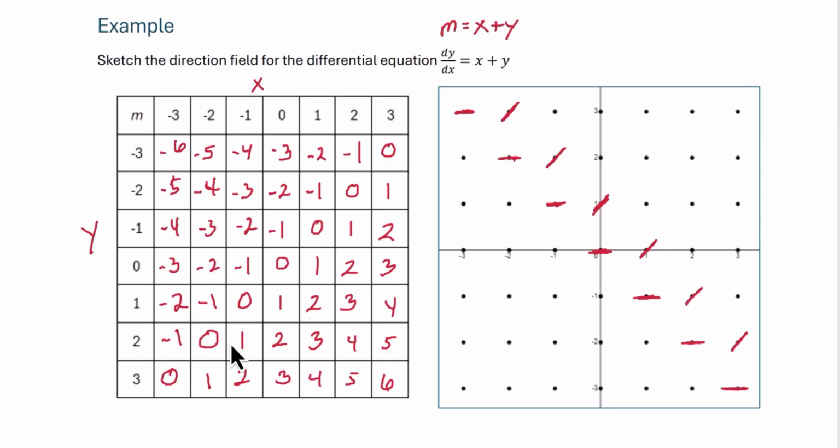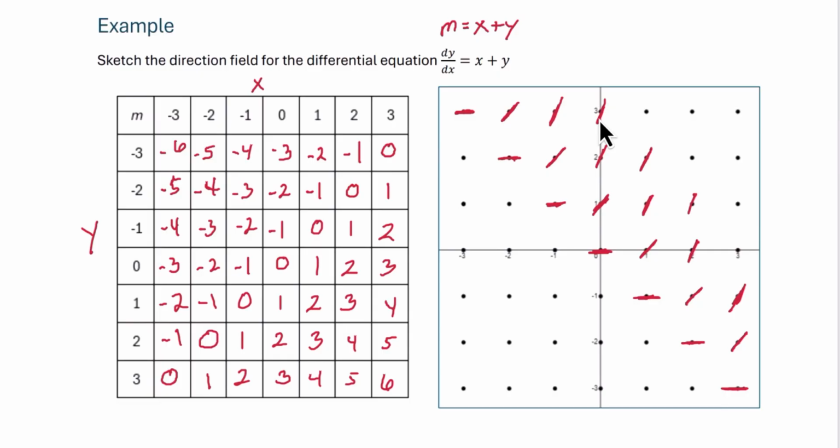Up next, we have a slope of 2. That's at -1, 3. So at -1, 3, we have a slope of 2. That means that line is going to be a little bit steeper this time. And again, go along the diagonal. Then we have 0, 3 has a slope of 3, again getting a little bit steeper.